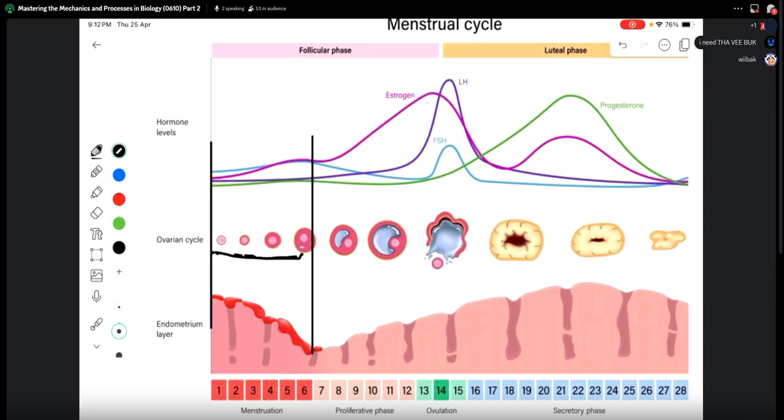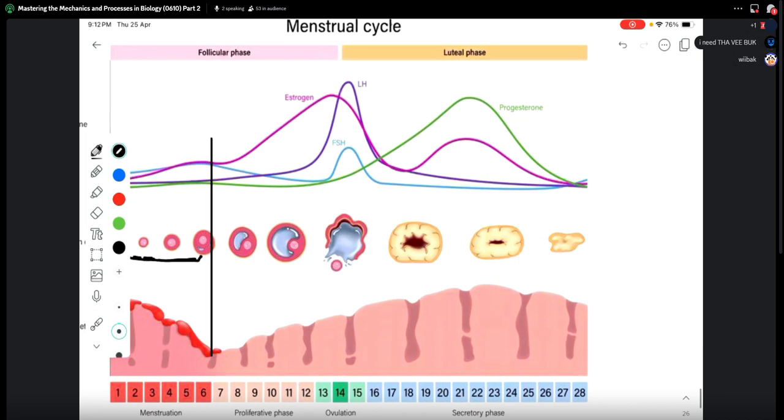There are no changes, but it's ready. It starts to prepare. After 6 days, the uterine lining will start to build up. Which hormone will help with the build up of the endometrium lining? Which hormone builds back the uterine lining? Yes, correct, the estrogen.